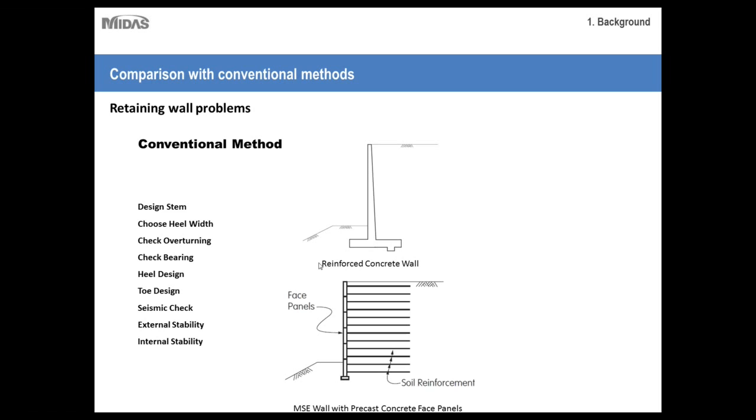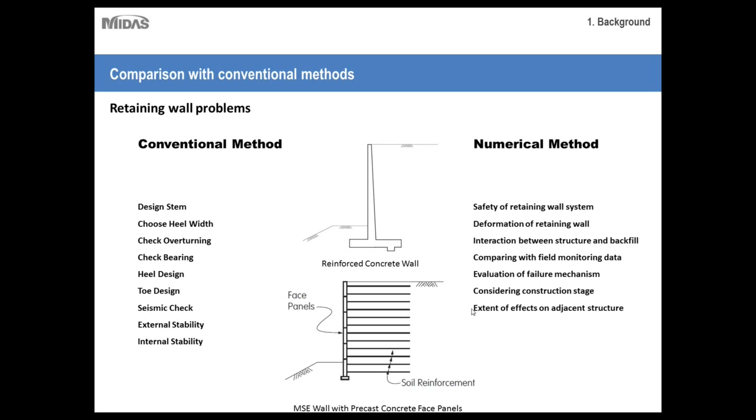But when it comes to more complex aspects of retaining walls, the numerical method is essentially used. For example, soil structure interaction with the backfill, construction stage analysis, failure mechanisms, and also effects on adjacent structures. These numerical methods would best be used to analyze or calculate for these variables.